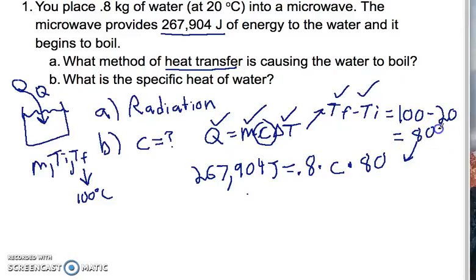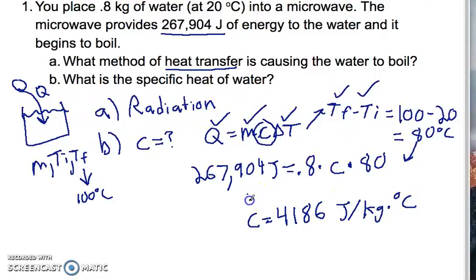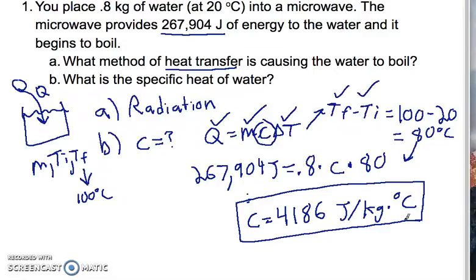So 80 degrees C is the change in temperature. So again, we're dividing out one side by the other. We'll get C is going to equal 4,186 joules per kilogram degree Celsius, because that's the standard unit. And that's actually, if you look it up, the standard specific heat of water. Okay, so that's about it for these two sections.